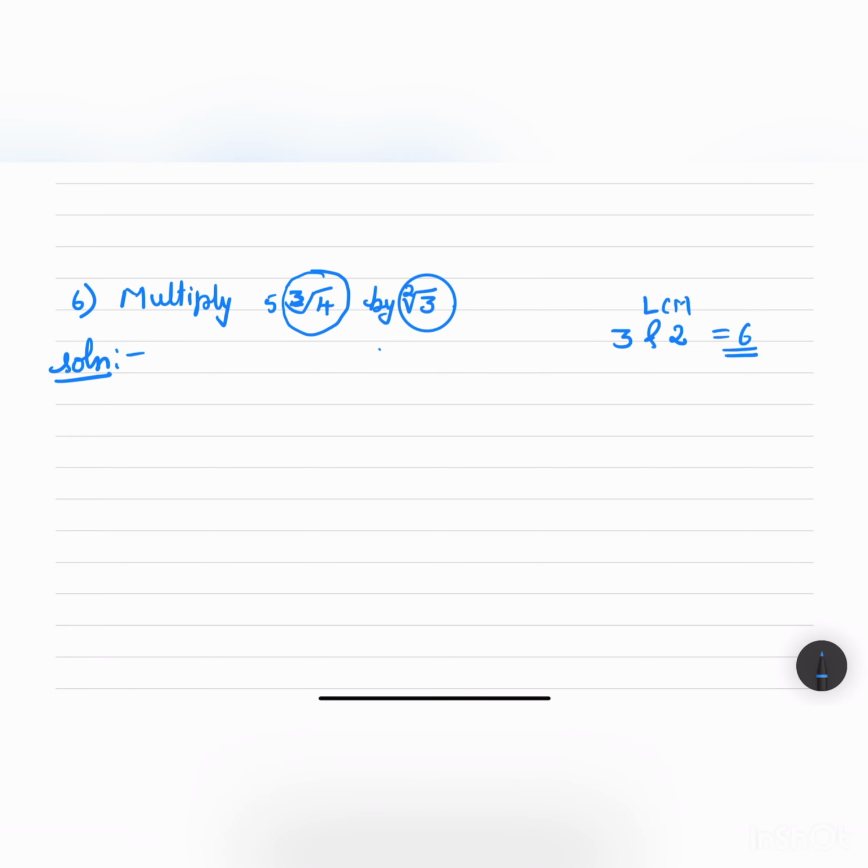So we have 5 into cube root of 4 into square root of 3.